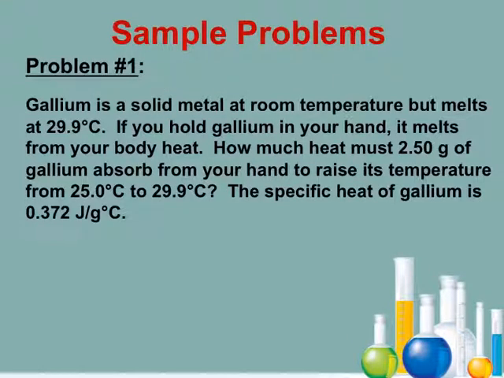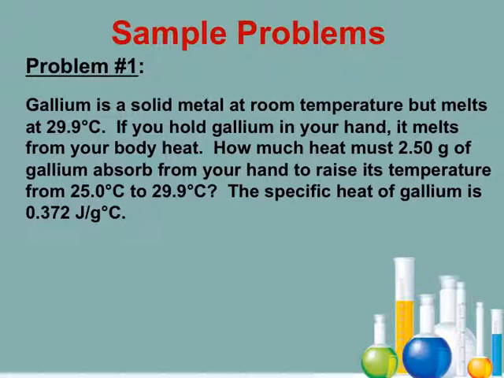Alright, so what could this problem look like? If it's a big long word problem, and you know I like to give you the scary ones, it's going to look something like this. Gallium is a solid metal at room temperature, but melts at 29.9 degrees Celsius. If you hold this metal in your hand, it melts from your body heat. It's pretty cool, right?